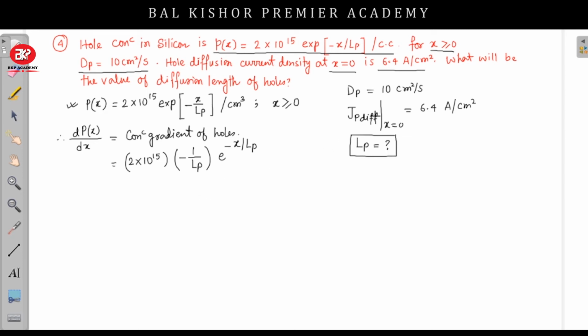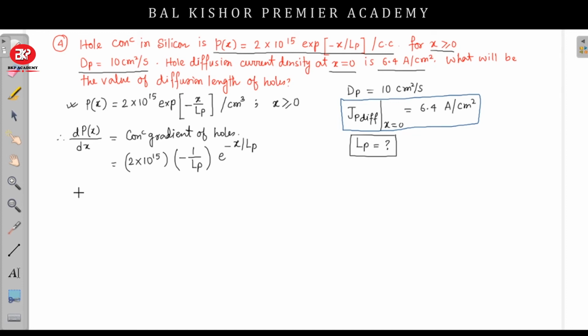Now in the question, the current density at x equals 0 due to the hole diffusion is given. So to find the current density at x equals 0, we need the concentration gradient of the holes at x equals 0.